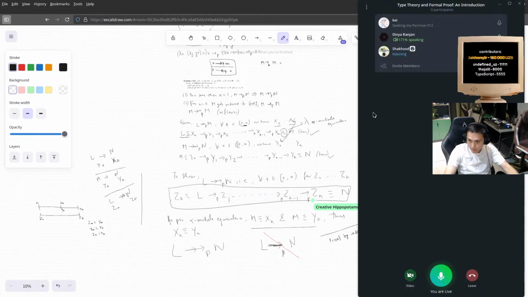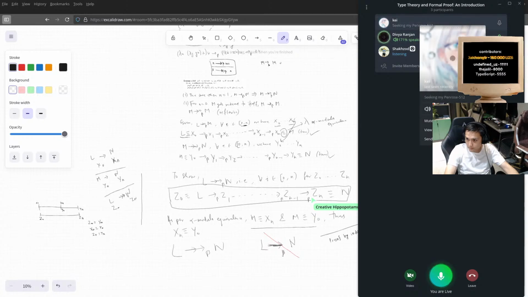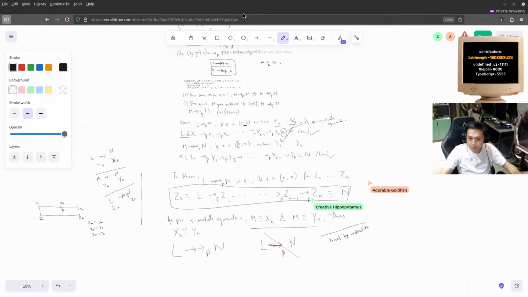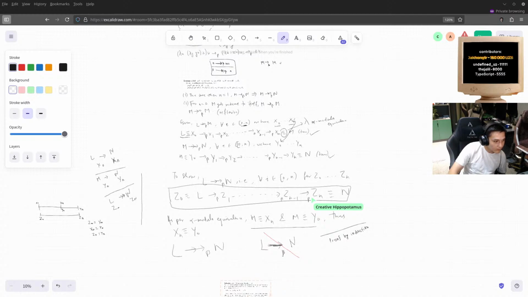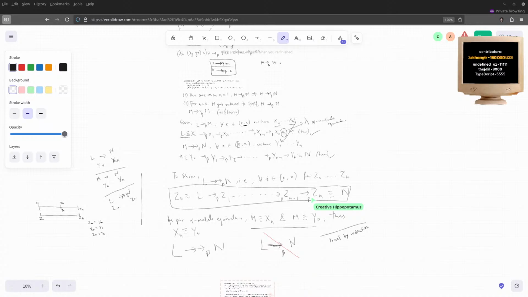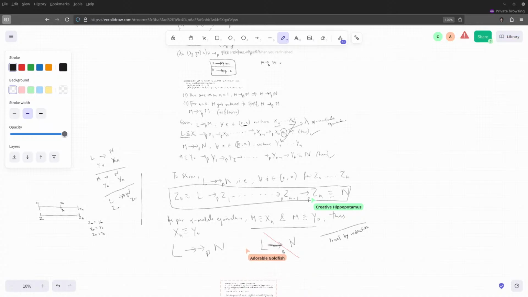Yeah, let's do the beta conversion one. Let me paste that definition. Yeah, so basically this is like alpha conversion, but it's for beta reductions. So I think you might have already gotten an idea out of it.